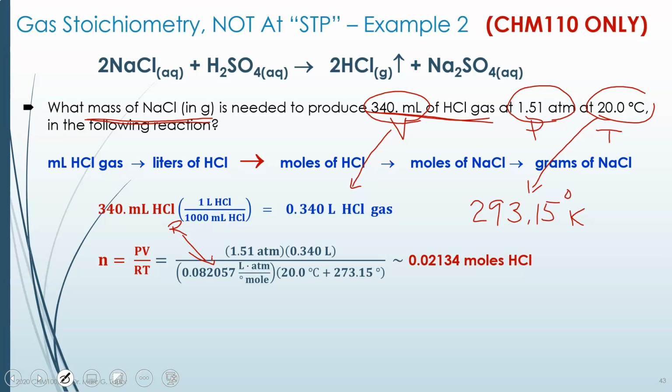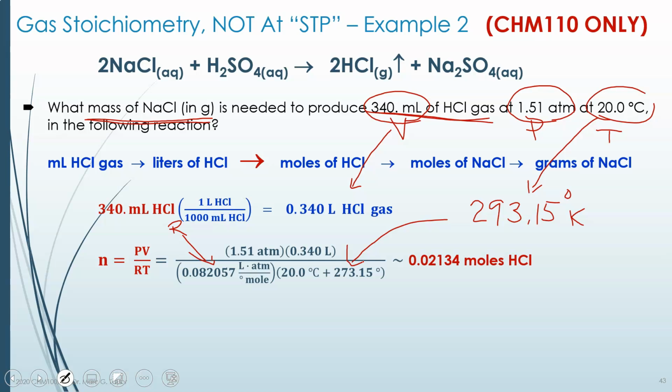And so it has to be the right units and corresponding to the right number. And then I've shown you the actual calculation to calculate 293.15 degrees Kelvin, and you end up calculating a certain number of moles of HCl, 0.02134 moles of HCl gas.